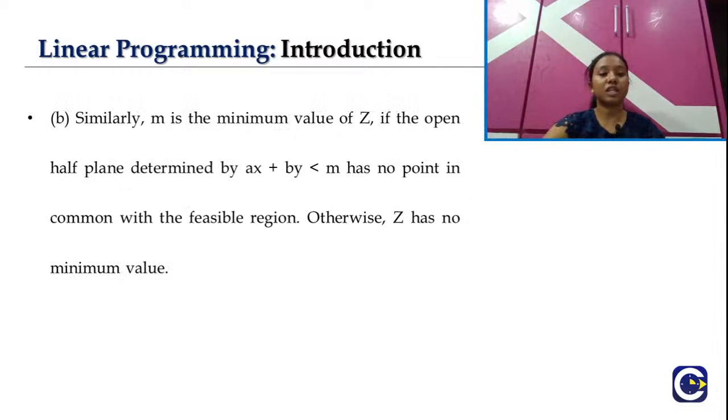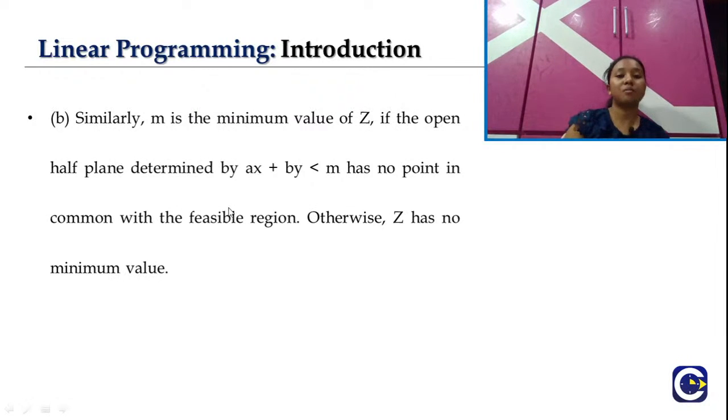The same goes for the minimum also. M is the minimum value of Z if the open half plane determined by ax plus by less than M has no point in common with the feasible region. If it is unbounded and there is a common point, then it fails; if not, there is no minimum value either. You will get this once we start doing the questions, so there is nothing to worry about.